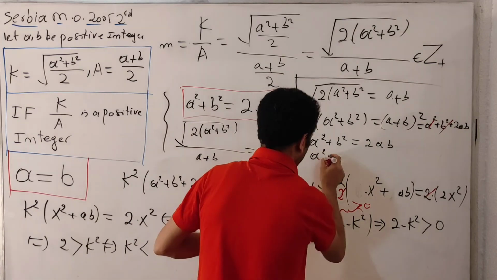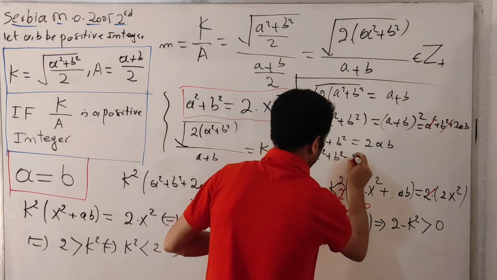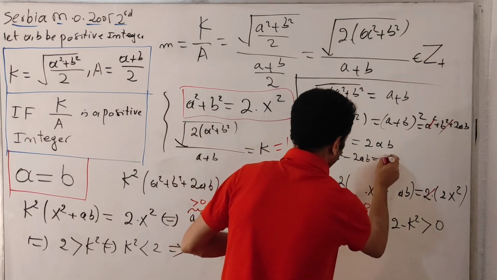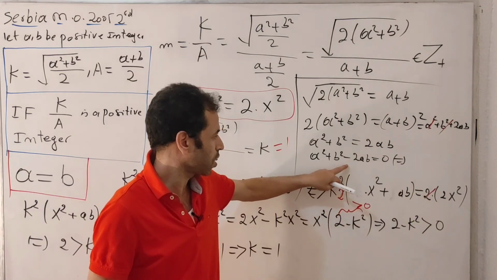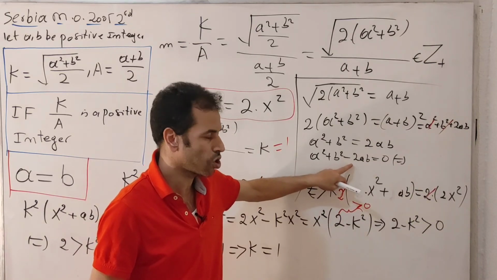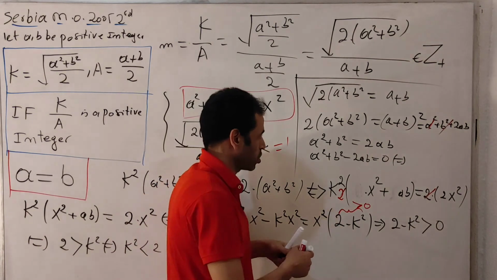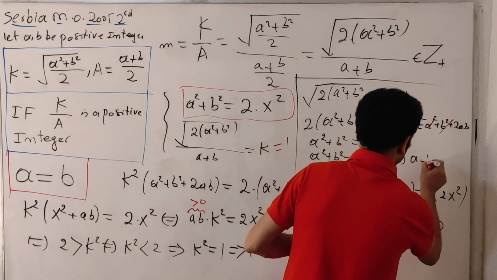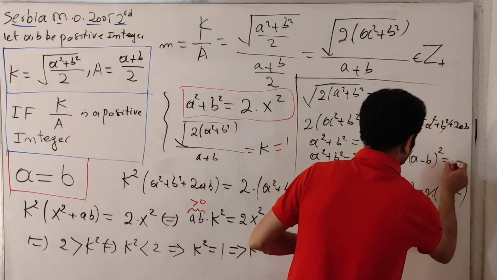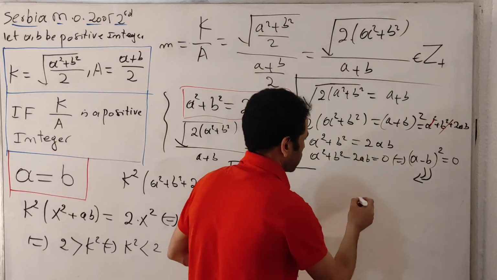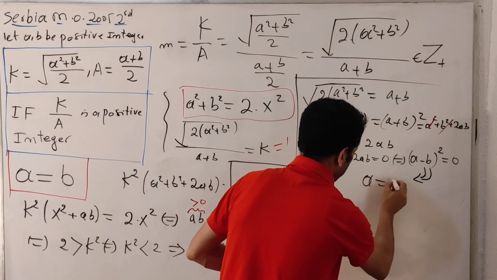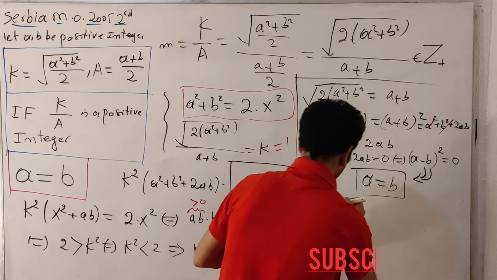I will get a square plus b square minus 2ab equals 0. This one is exactly written in the form of the quadratic binomial, which is (a minus b) squared equals 0. It's telling us a equals b. So I have proven this one.